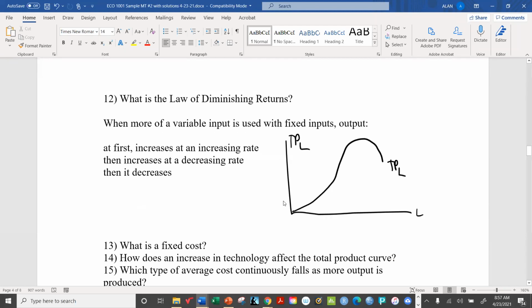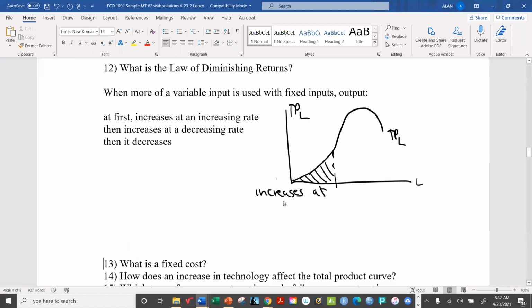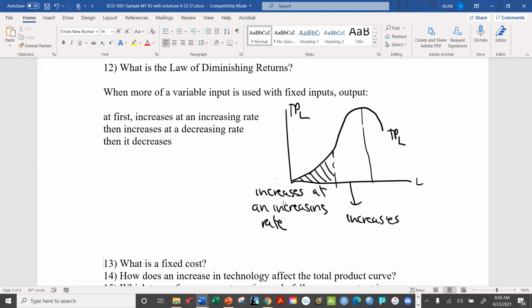Okay, so in other words, let's say up to about here, increases at an increasing rate, then right up to the point where it peaks out there, increases at a decreasing rate, all through this region here.